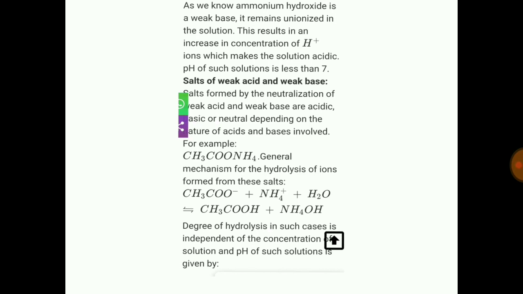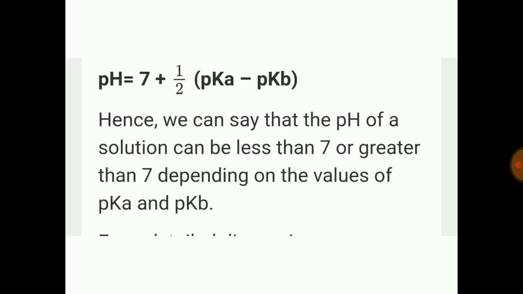For example, ammonium acetate. The degree of hydrolysis in such cases is independent of the concentration of solution, and the pH of the solution is given by pH = 7 + 1/2 (pKa - pKb), where Ka and Kb are the dissociation constants. Hence we can say that the pH of the solution can be less than 7 or greater than 7 depending upon the values of pKa and pKb.